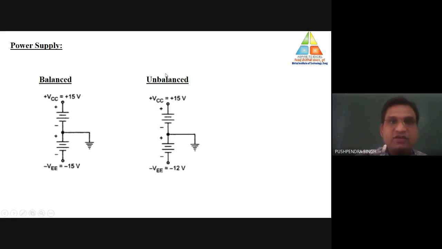In case of unbalanced, both power supplies are not the same. If the positive voltage is high, the negative voltage will be low, or vice versa. So if both power supplies are not the same, that is called an unbalanced power supply. You can use either the balanced or the unbalanced power supply for the design of an op-amp.